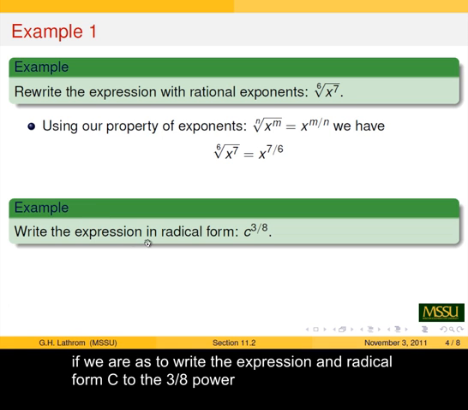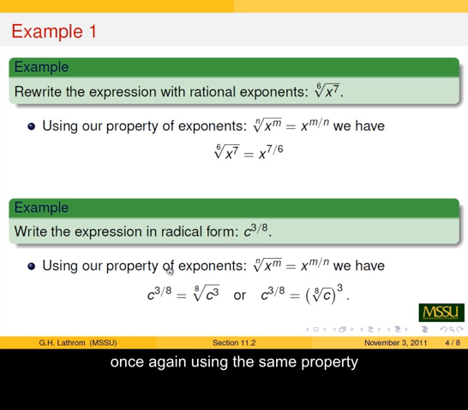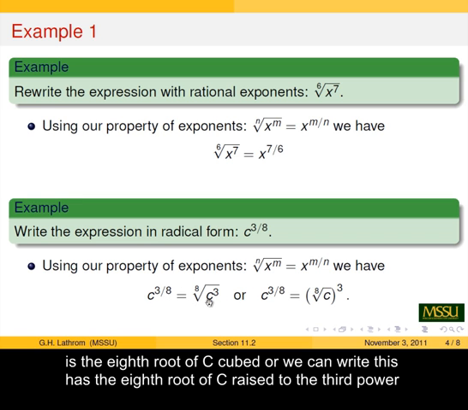If we are asked to write the expression c to the 3/8 power in radical form, once again using the same property, we have c to the 3/8 is the 8th root of c cubed, or we can write this as the 8th root of c raised to the 3rd power.